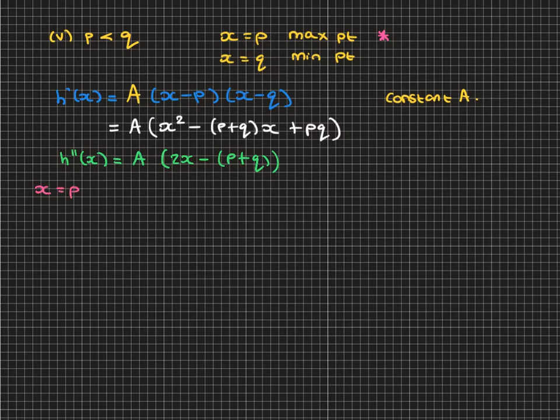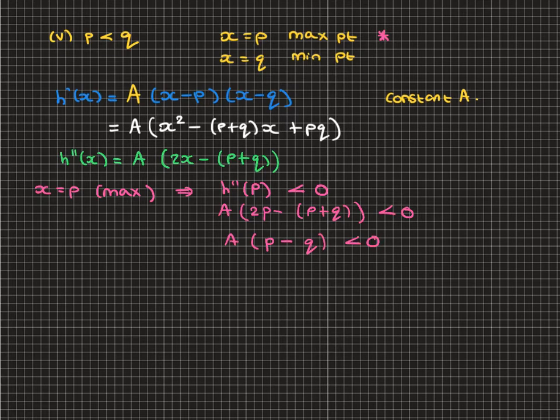Now, x equals p is a maximum point, which means that h double dash of p must be less than 0. So let's substitute into h double dash of x, substitute in x equals p. So we have a bracket 2p minus p plus q is less than 0. So a bracket p minus q must be less than 0.